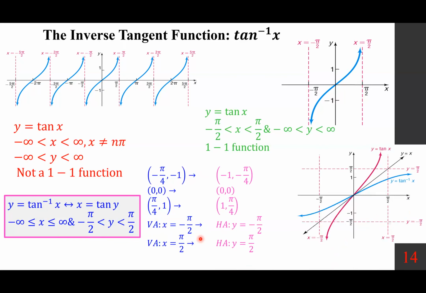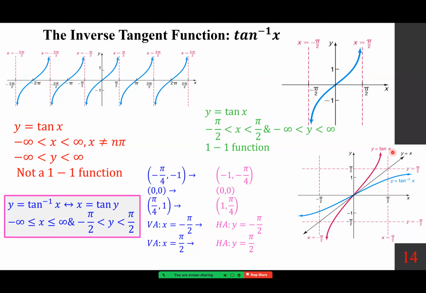So when we look at the graph now, the 0, 0 doesn't change. As I said, pi over 4 becomes 1, pi over 4, and negative 1, negative pi over 4. It's hard to see 1, pi over 4 and negative 1, negative pi over 4.